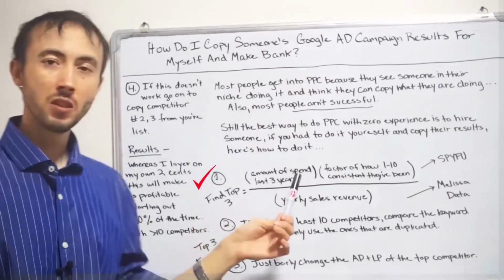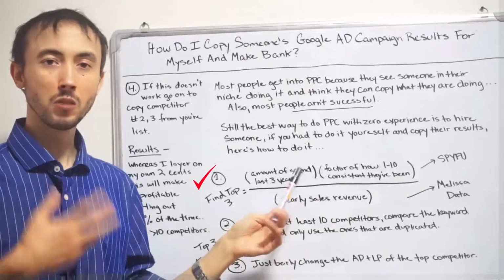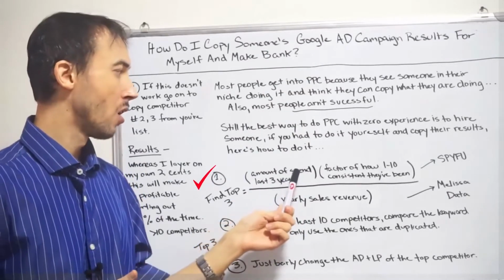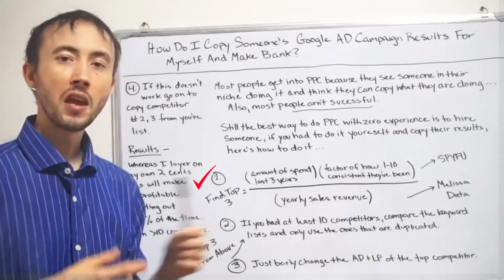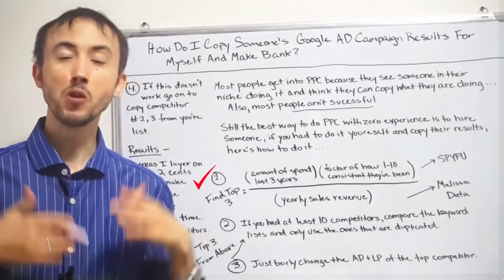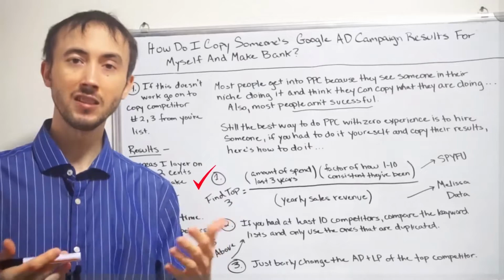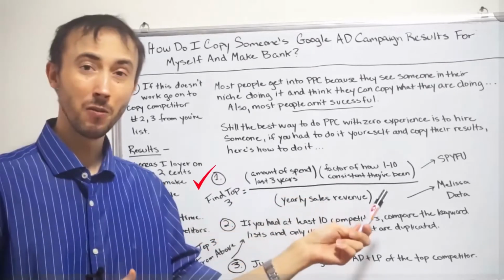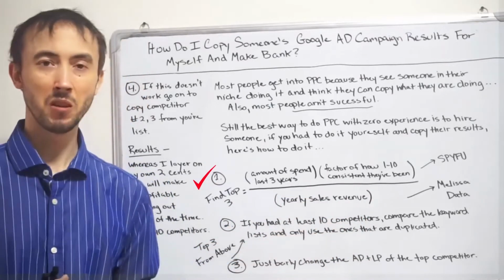So you're probably asking yourself, Corey, why is it that you're not just looking at the amount of spend, how much they're spending, and how consistent they've been with it in and of itself, versus this yearly sales revenue thing?